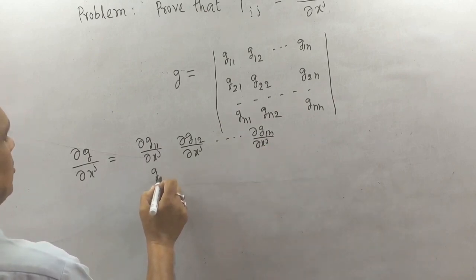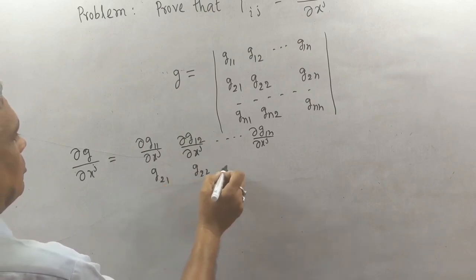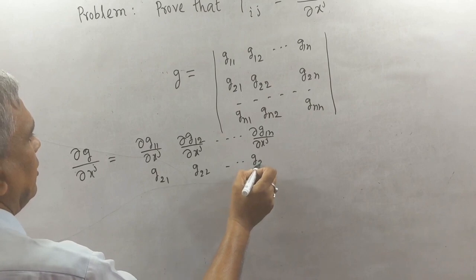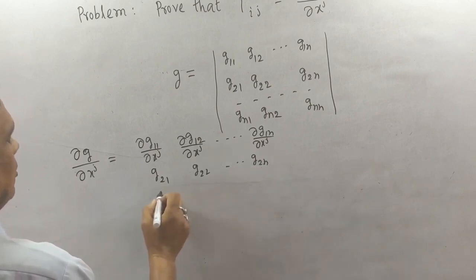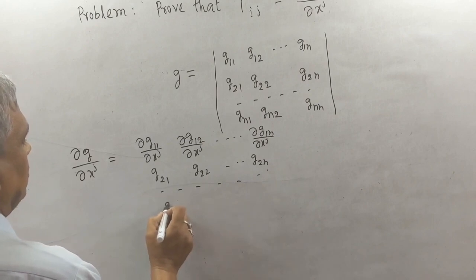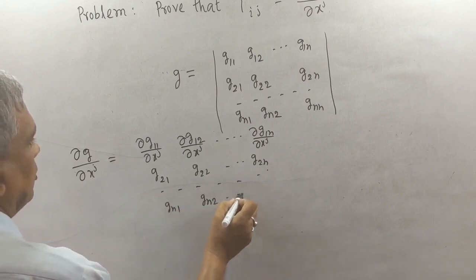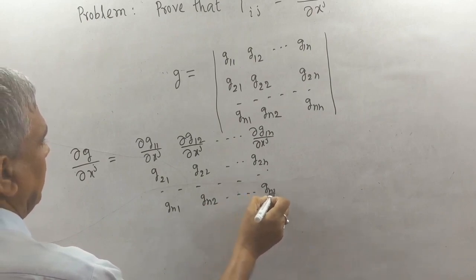Other rows remain the same: g22, g2n, dot dot dot, gn1, gn2, gnn.